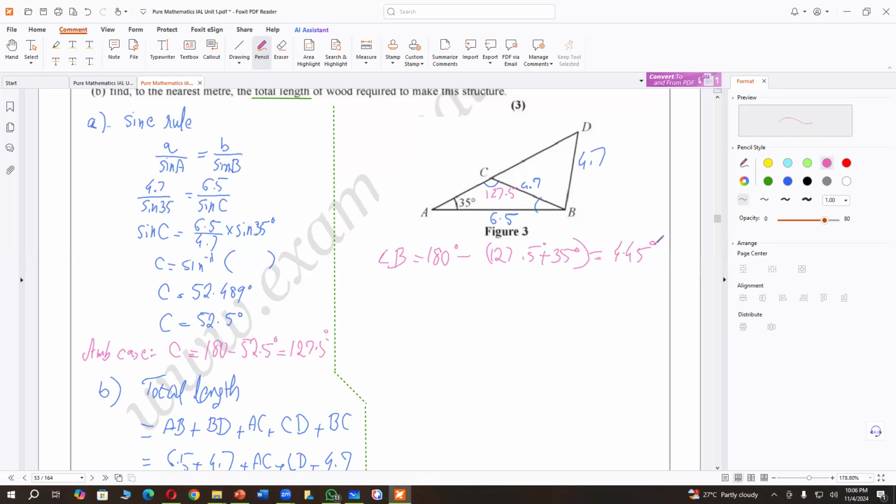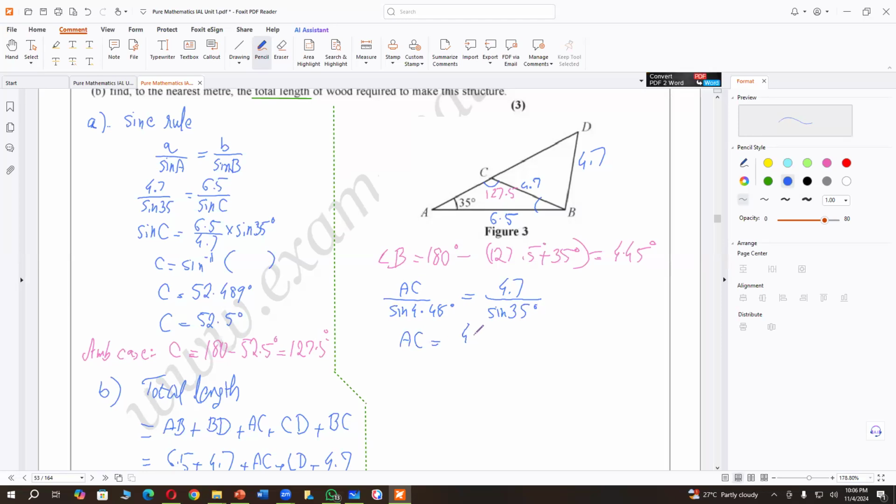Okay, so now we can find AC upon sine 4.45 is equal to 4.7 upon sine 35.